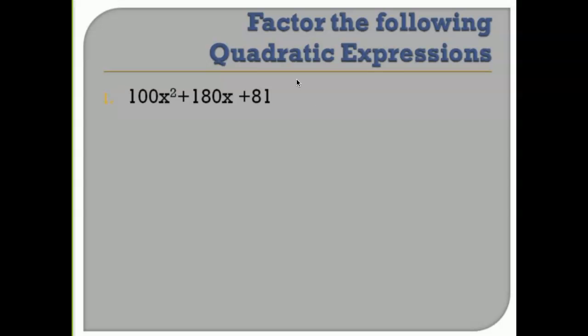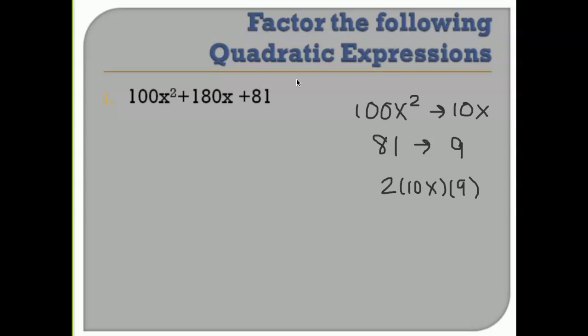Okay, and then we have 100x squared, which would become 10x. 81, which we just said, becomes 9. So then for your middle, you have to say 2 times 10x times 9.